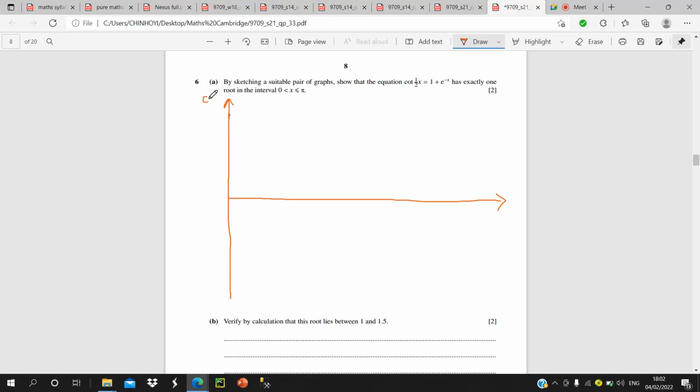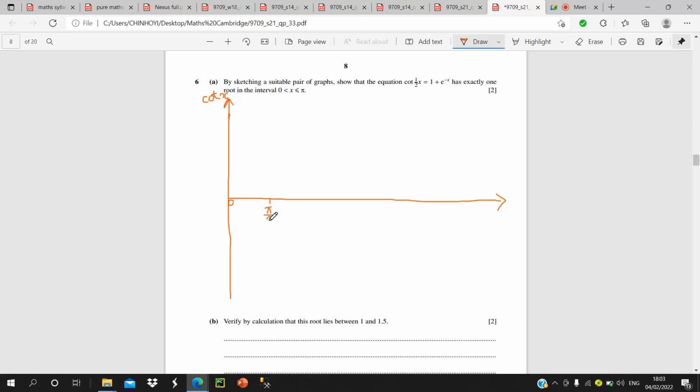Here it's cot. Have you done transformations under functions? Yes. Okay. Generally, I want to sketch the graph of cot. I want to use radians. 90 is pi over 2, right?